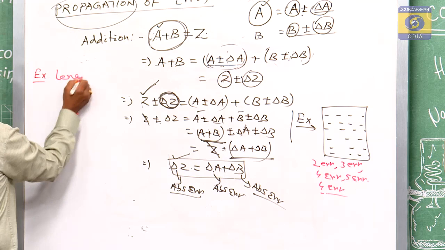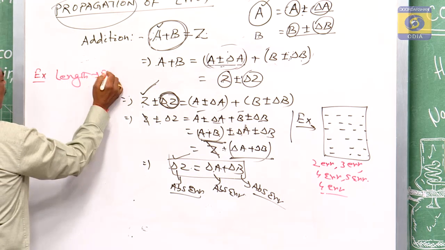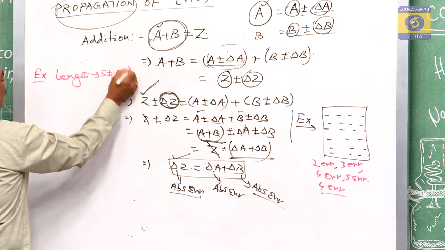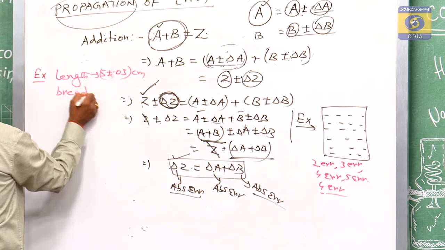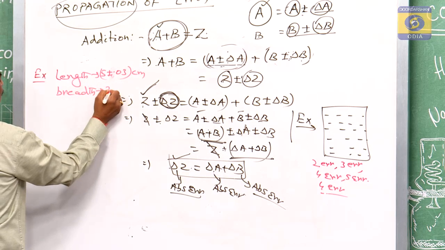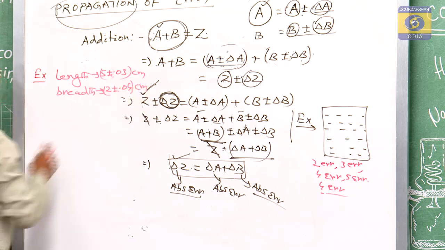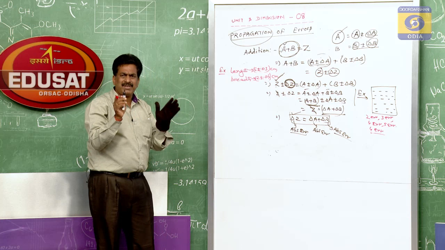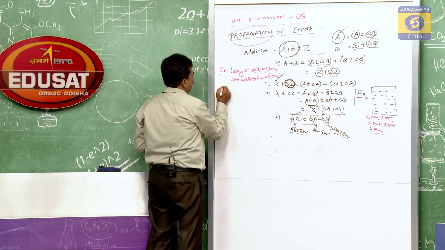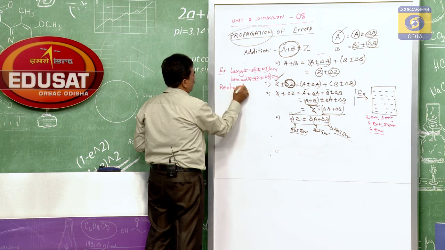Suppose length is 5.5 plus or minus 0.03 centimeter and breadth is 2 plus or minus 0.04 centimeter. The length and the breadth of a certain physical quantity, suppose a rectangle.